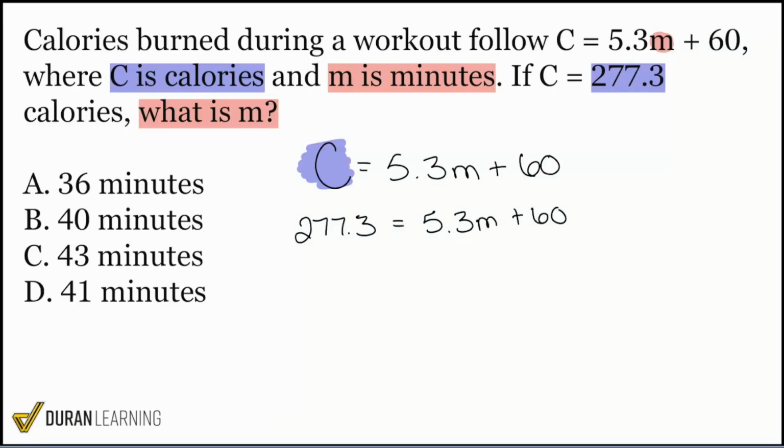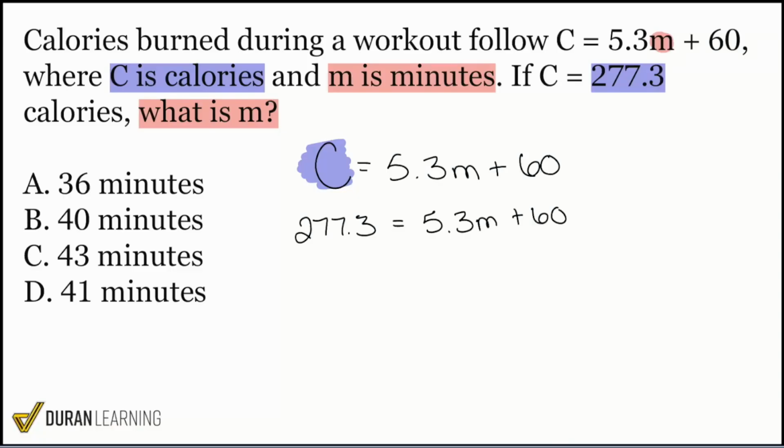Let's treat this like any other equation. If I'm trying to get M by itself, I've got to get rid of this number that's being multiplied, and this number that's being added. Everybody, help me out. If I'm trying to get rid of a number that's just being added, we're working backwards, right? Opposite operations.